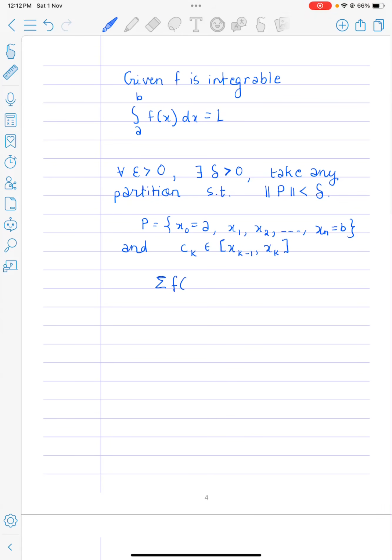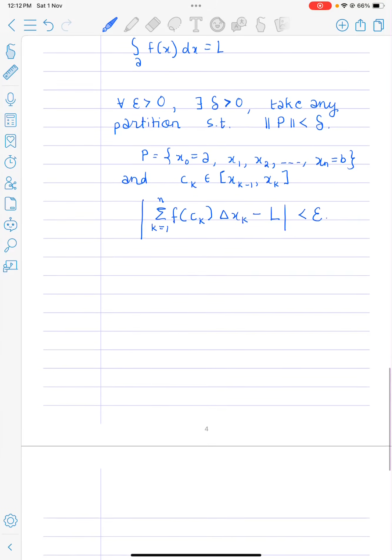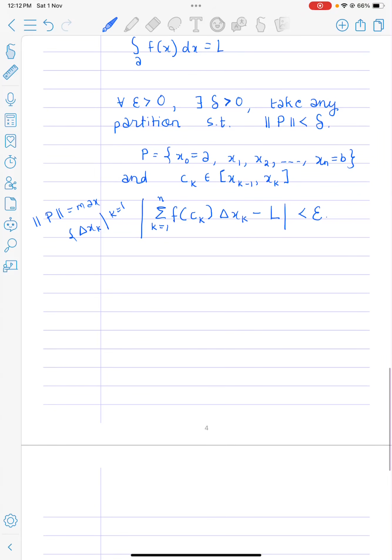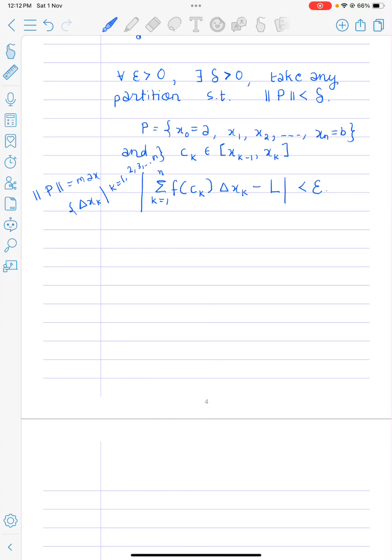The sum of f(ck) delta xk, k equal to 1 to n, minus L, this happens, where this norm is the maximum of delta xk, k equal to 1, 2, 3 till n.